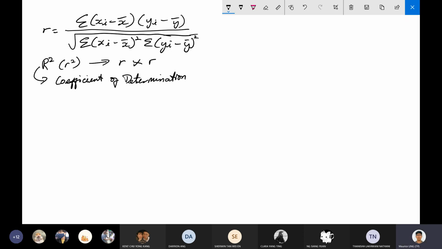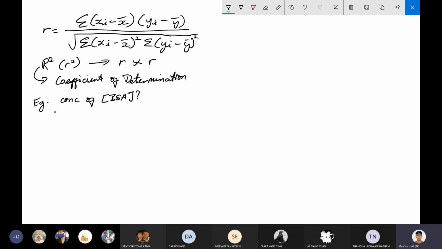So what does coefficient of determination mean? Let me give you an example. You have done an experiment, a protein quantification. Let's say you want to find the concentration of an unknown protein, for example BSA.